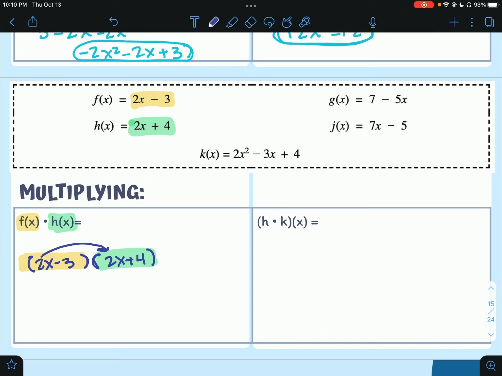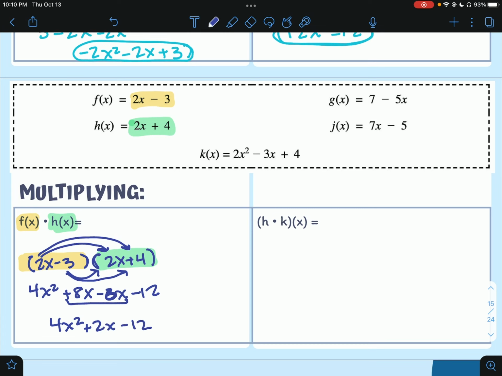So I distribute my 2x, I get 4x squared plus 8x. I distribute my negative 3. Combine like terms. And I would have my solution.